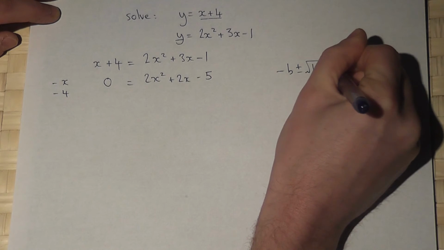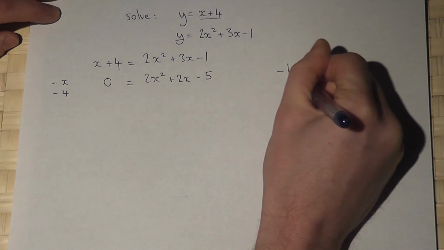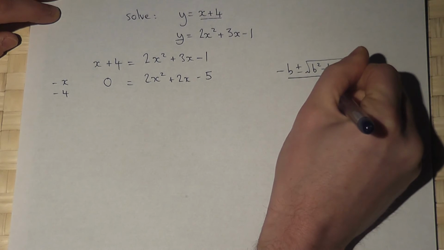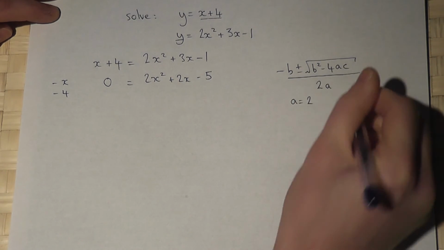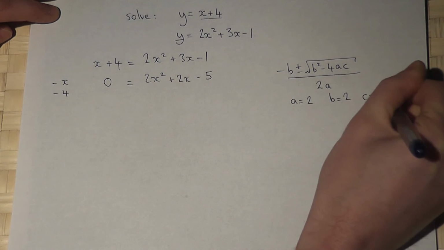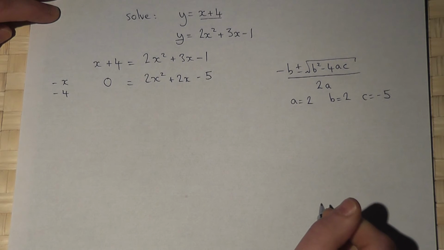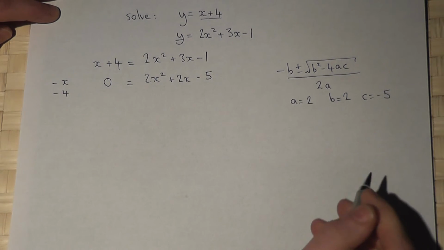Minus b plus or minus the square root of b squared minus 4ac all over 2a, where a in this case is 2, b is also 2, and c is minus 5. So I put these values into the formula.